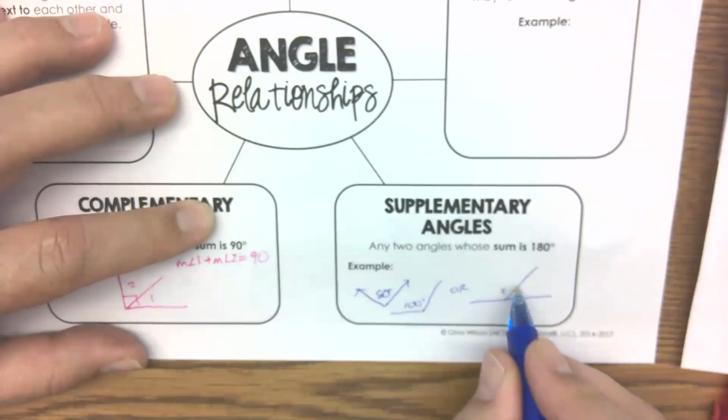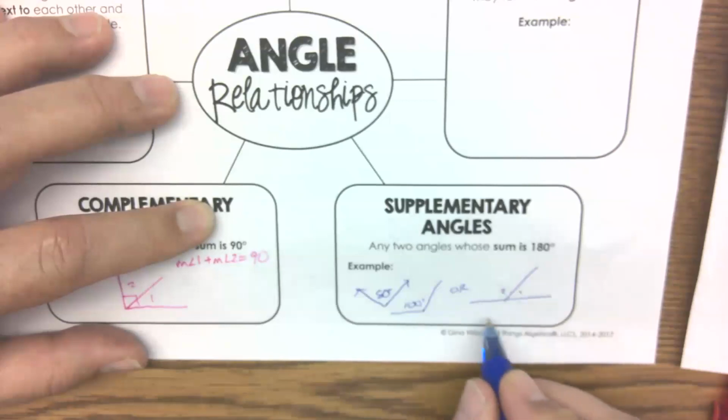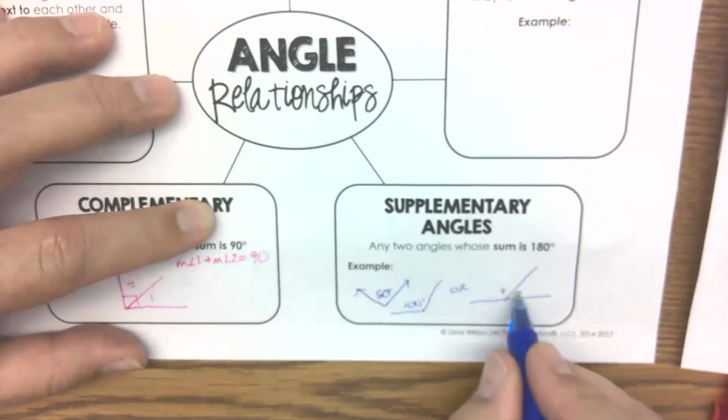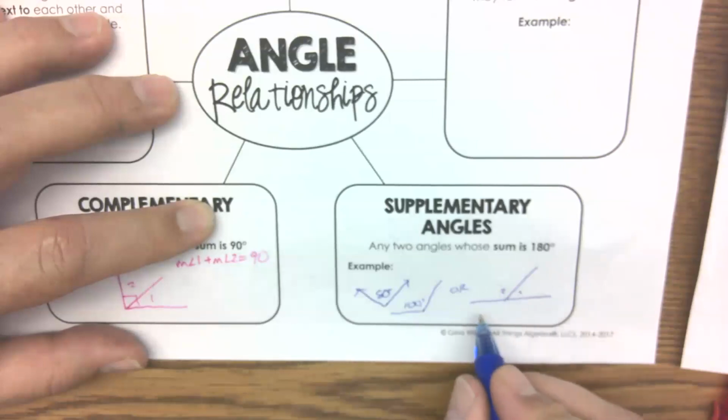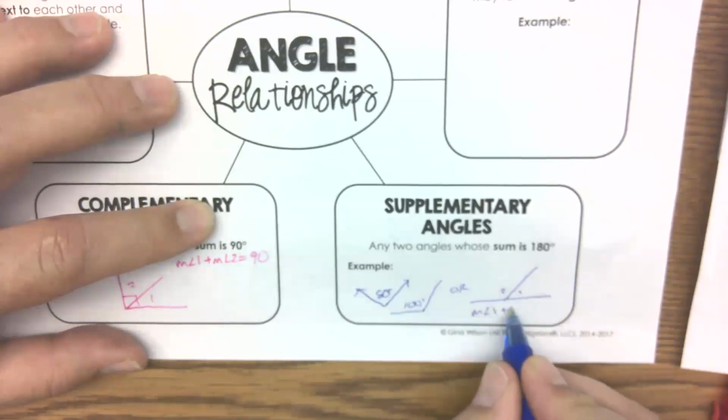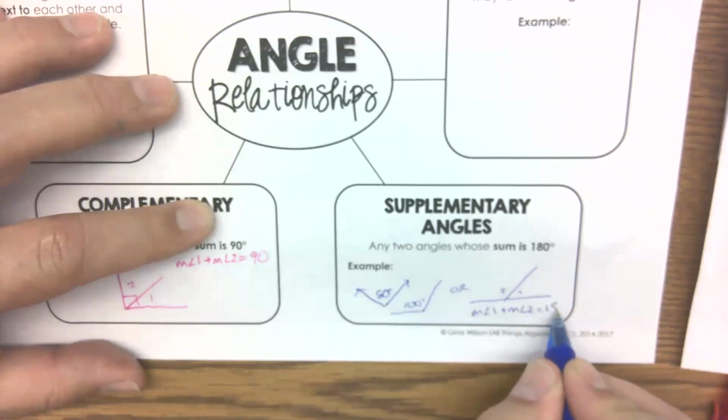Because how many degrees do you go around in a complete circle? 360. So going halfway is 180. So if we knew that these 2 angles together added up to make a straight line, we could say that the measure of angle 1 plus the measure of angle 2 equals 180.